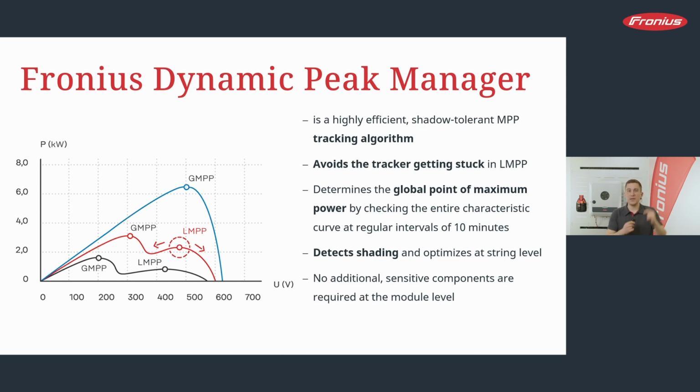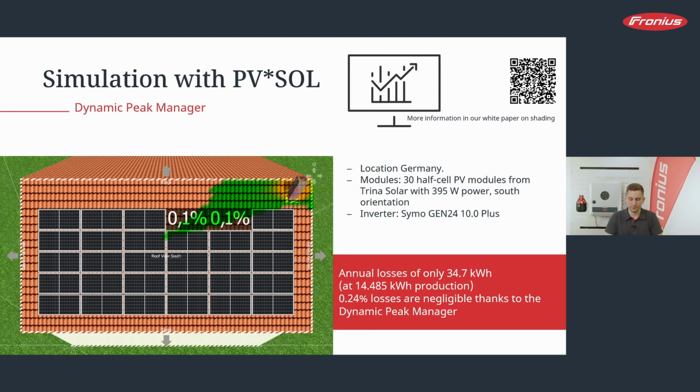Of course there is a big deviation between GMPP and LMPP, and the inverter will always make sure to get the highest yield out of the system with this algorithm. So basically the inverter is doing exactly the same as you would have with an external DC optimizer, but we are doing this within the inverter without the need of having DC optimizers on the roof.